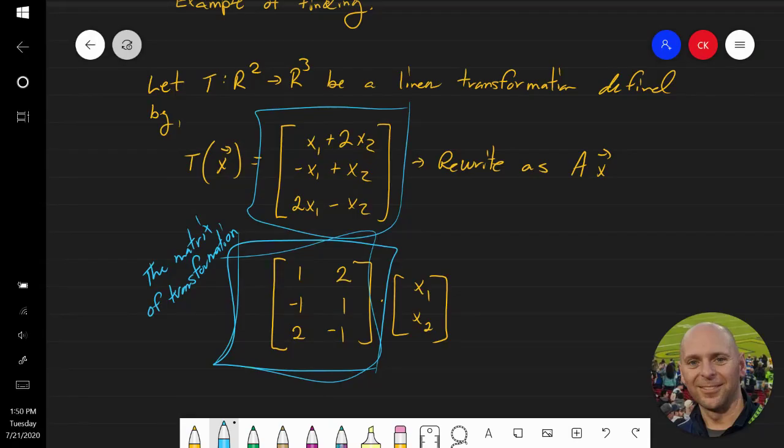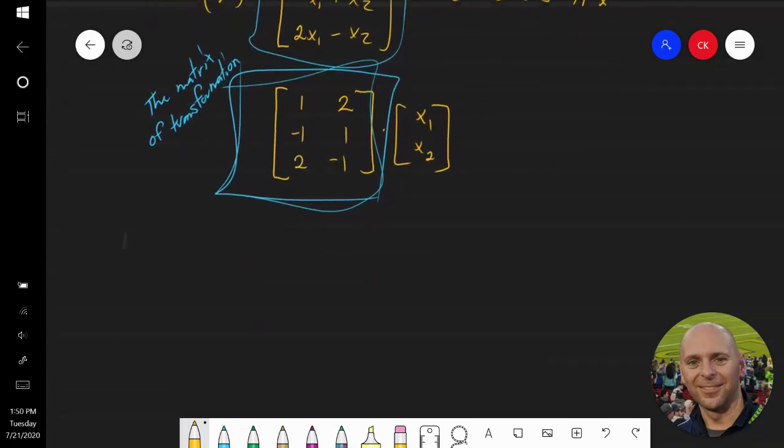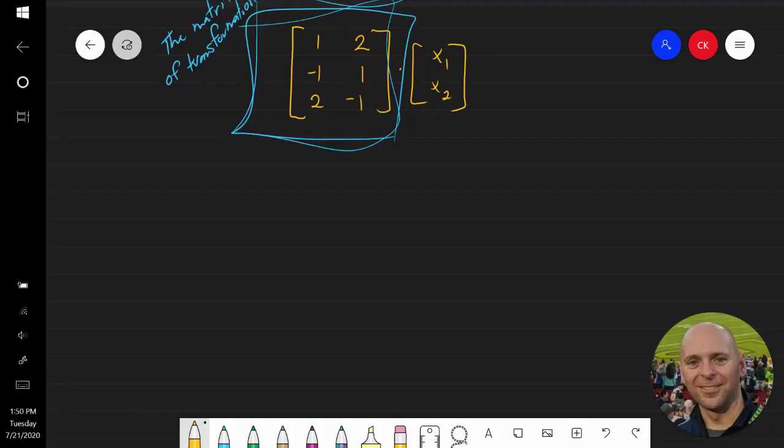At the beginning of this, I noted that the matrix of transformation can be determined by how it operates on the basis. So let's take a look at how that works, and we'll do that just by looking at how it operates on the standard basis, e1, e2.